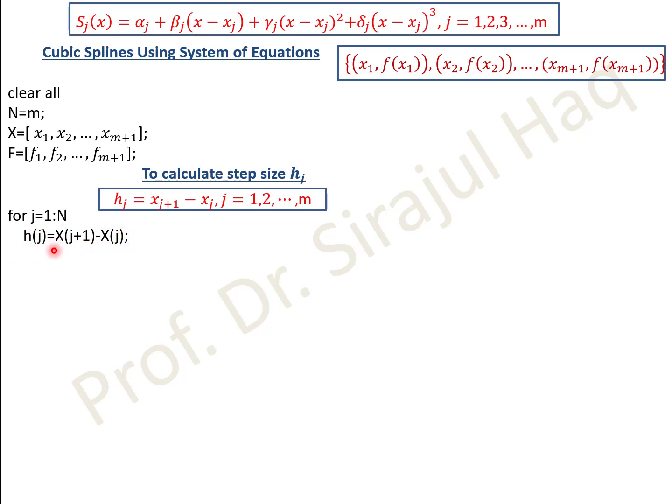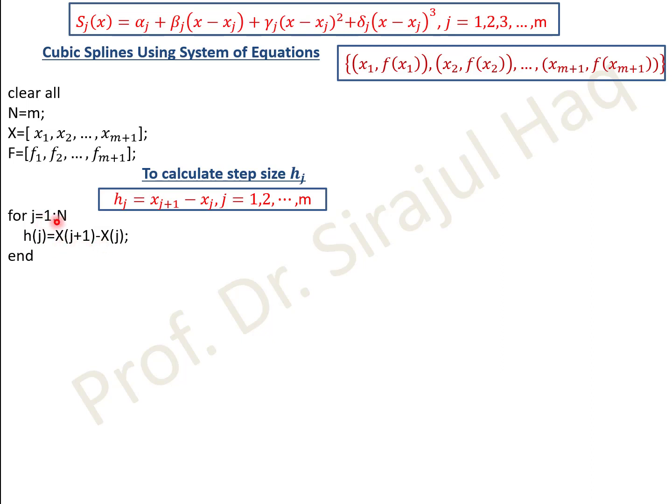H of j is equal to x of j plus 1 minus x of j. This j depends upon you. Whatever notation you want to use, you can use that. Always remember, when you start the loop, you have to end the loop. What this loop will do for you is take j equal to 1 and compute h1 is equal to x2 minus x1.